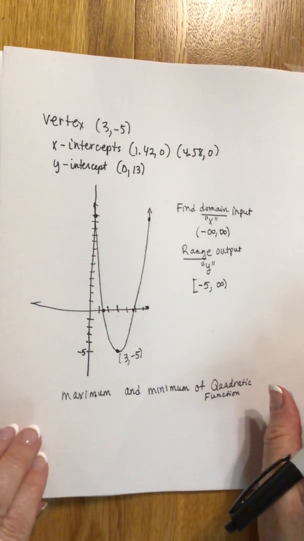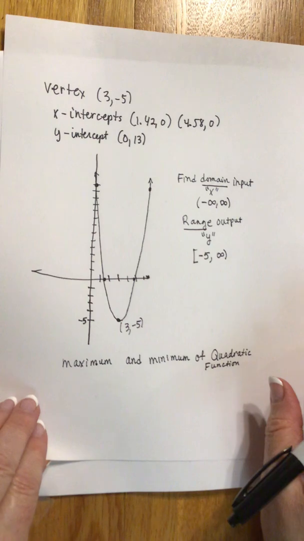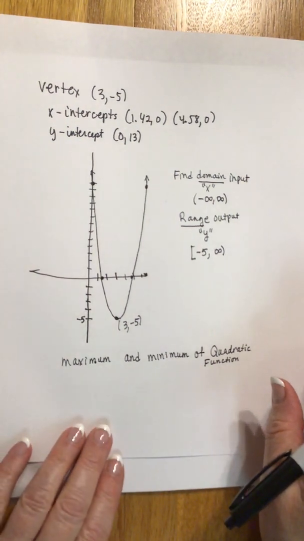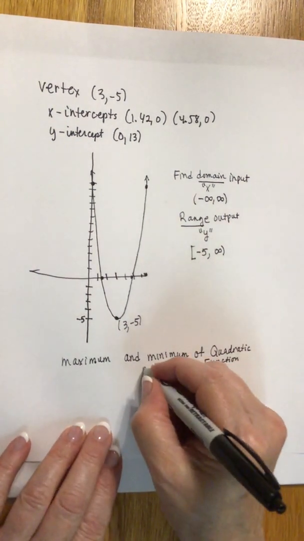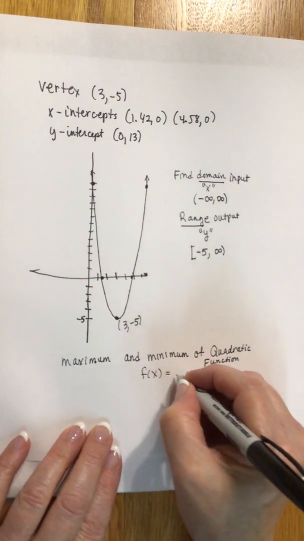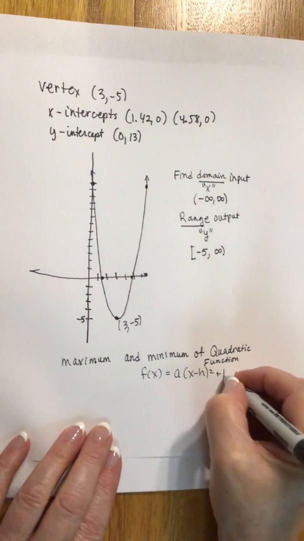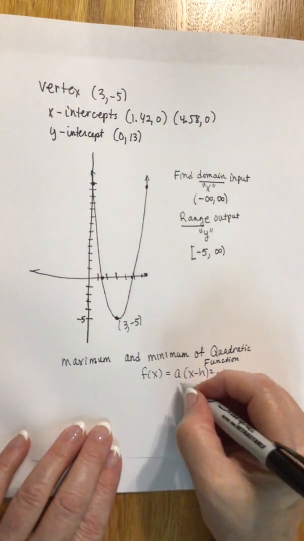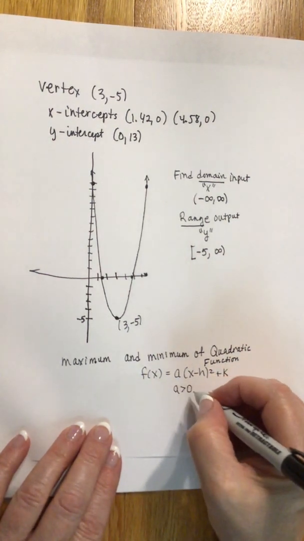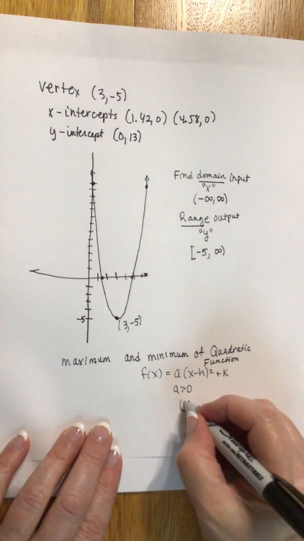We know a maximum and a minimum of the quadratic function because we've already talked about the fact that if I gave you f(x) = a(x - h)^2 + k, then if a is greater than 0, it's going to open up.